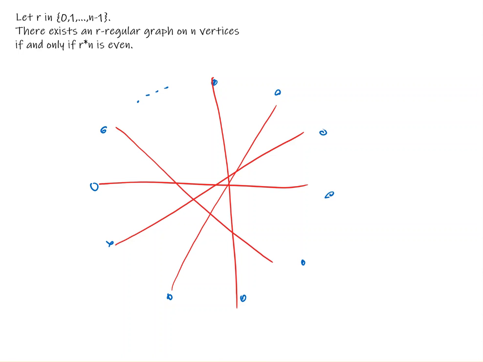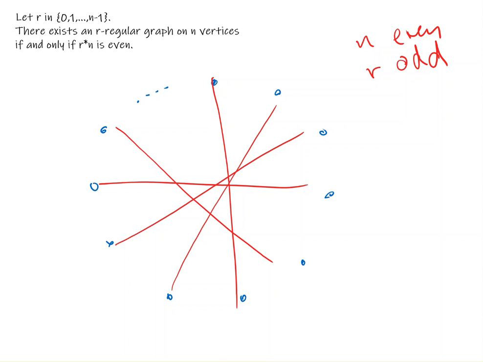So here is the even case, we can get degree 1 like that. So we want to use those exactly if r is odd.